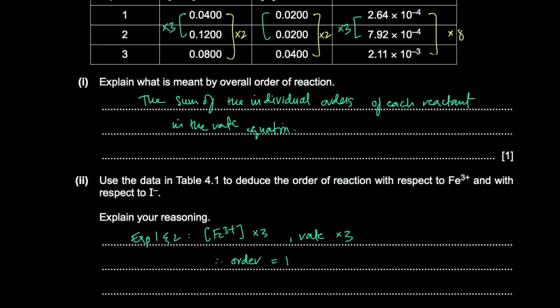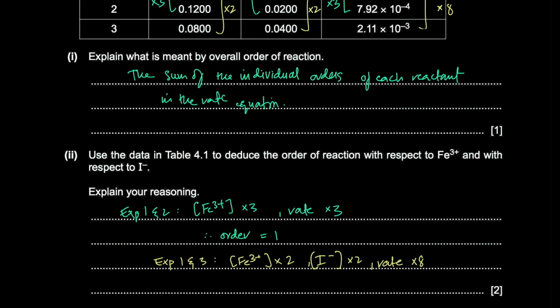So here we can say that in experiments 1 and 3, the concentration of Fe3+ is doubled, the concentration of iodide ions is also doubled, but the rate changes by a factor of 8.